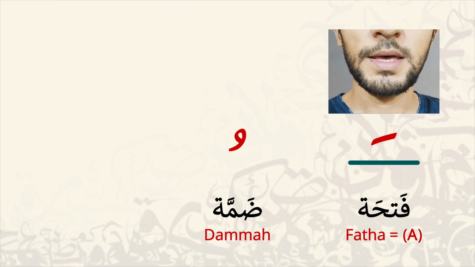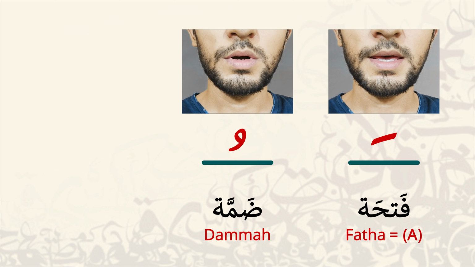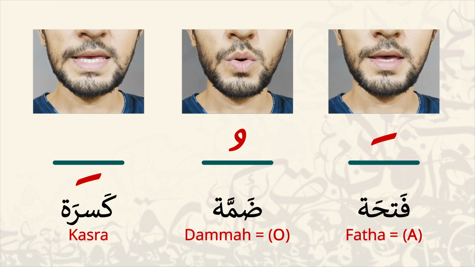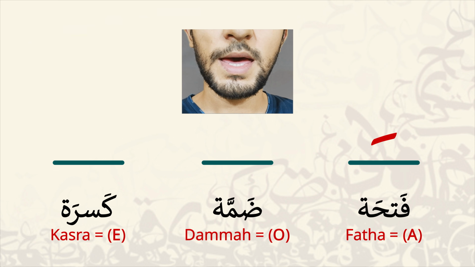We draw it above the letter as well, and it gives the sound O. And the last one is called kasra. It has the same shape as fatha, but instead of being on top of the letter, we draw it below. And it sounds like E. So we have A, O, E, A, O, E.